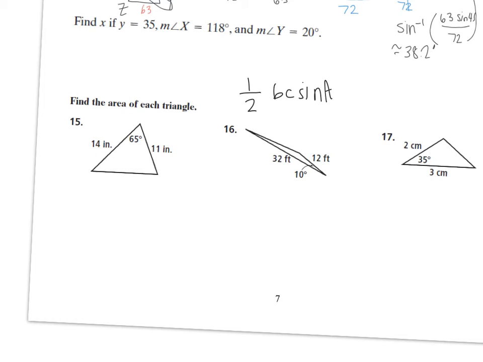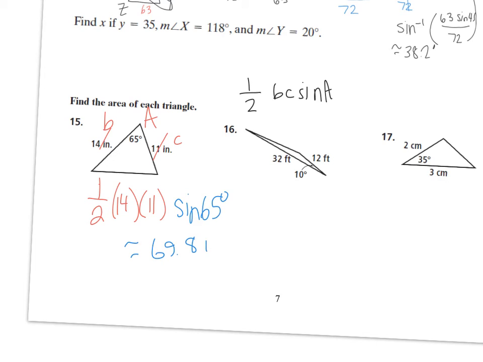So this is a side angle side situation. B and C are interchangeable, and this is your angle A. So I'm just going to plug it into the formula. 1/2 B times C times the sine of 65. Make sure you put this in your calculator in degree mode. So this is approximately 69.8 inches squared because it's area.